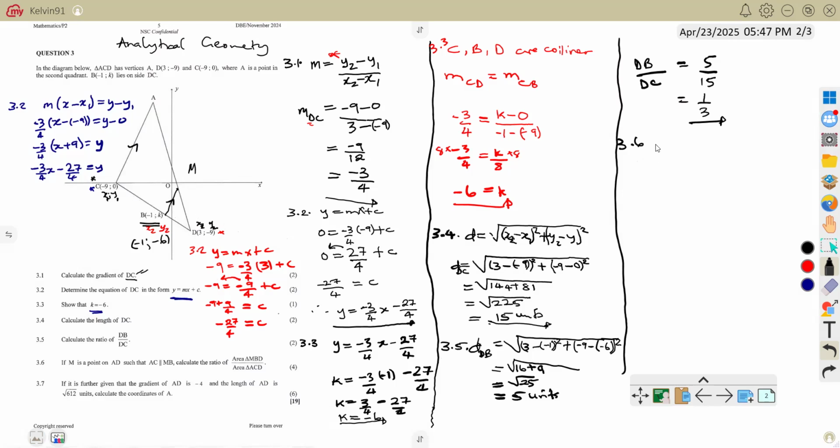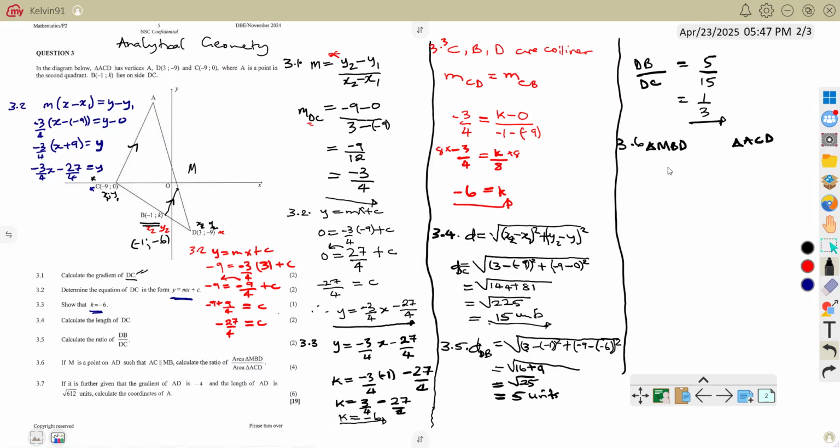So we have triangle MBD and the other one is triangle ACD.